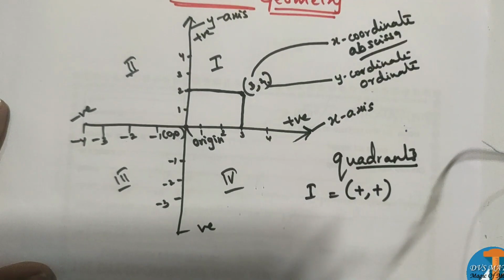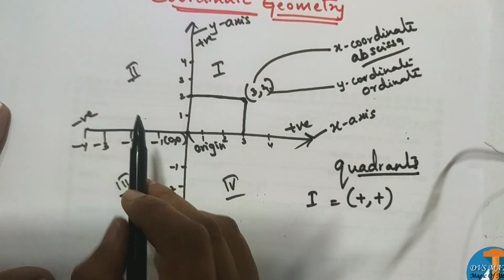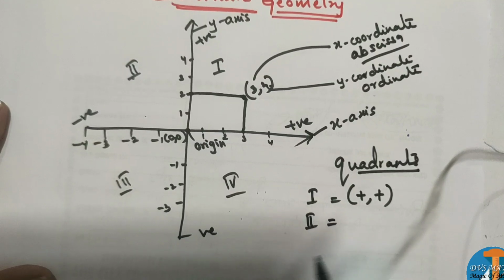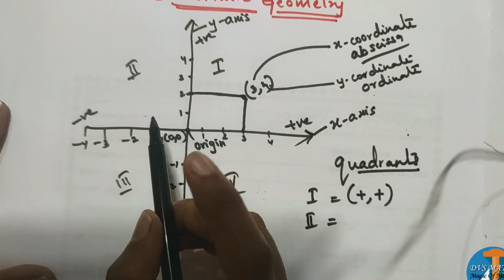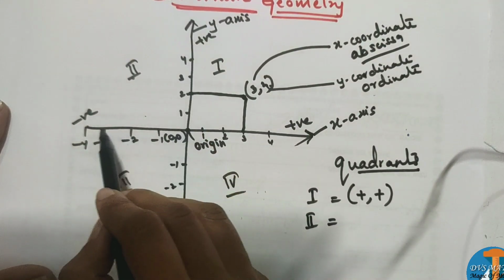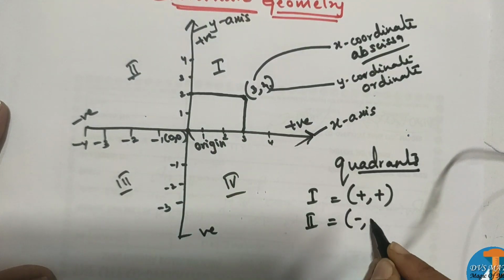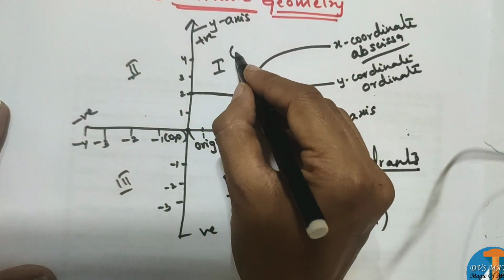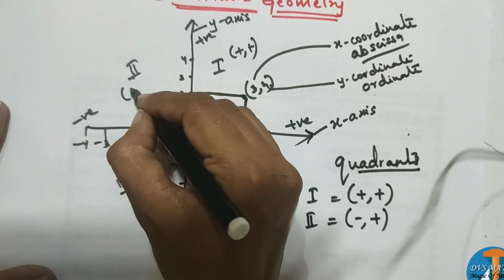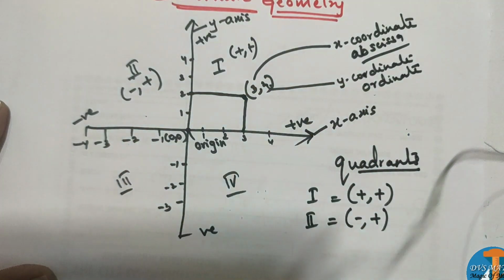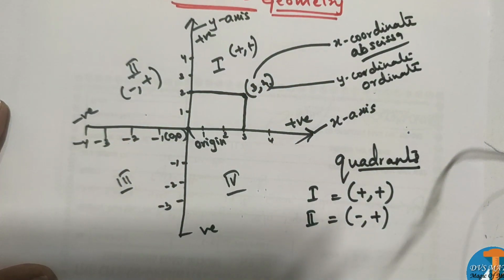Now the second quadrant: here y is positive, x is negative, so it is minus comma plus. This is plus comma plus, this is minus comma plus, x is minus, y is plus.